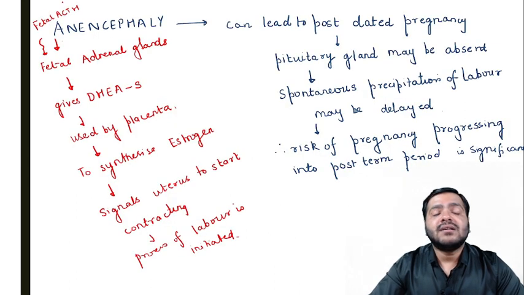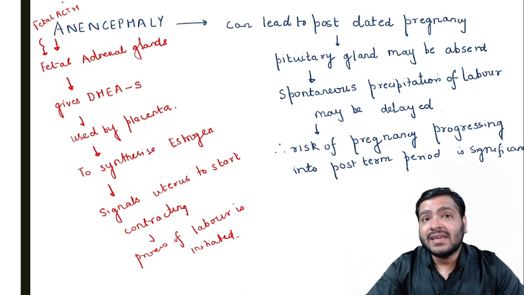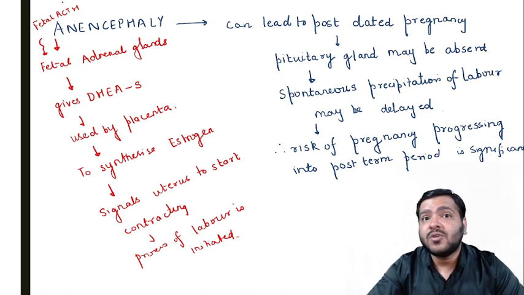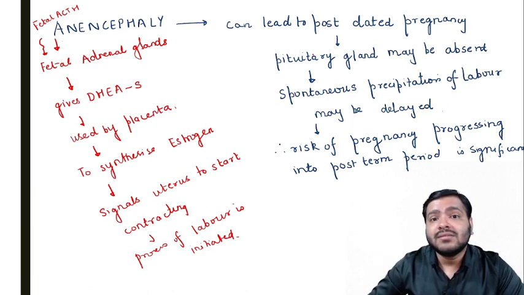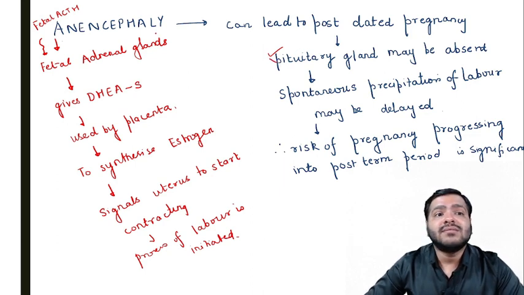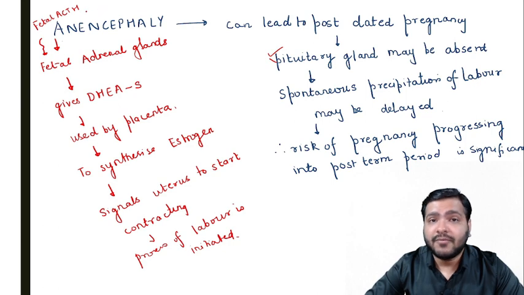Apart from that, guys, one more thing: anencephaly can also lead to post-dated pregnancy. Now, you all know that in anencephaly, the majority of the portions of the brain wouldn't be there. So the pituitary gland, which is situated in the sella turcica region, may be absent. The pituitary gland is responsible for the fetal ACTH, adrenocorticotropic hormone.